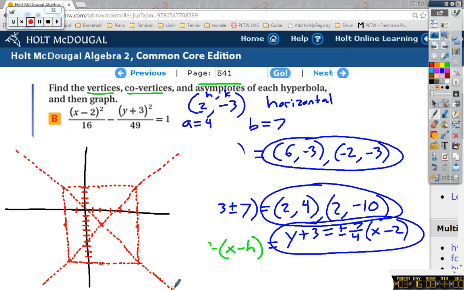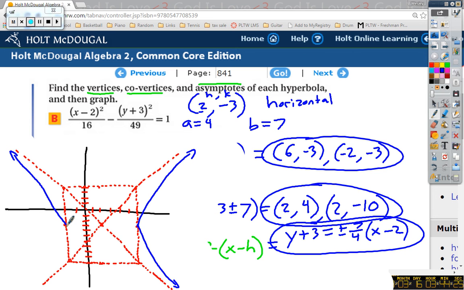Okay. Now, this one is a horizontal hyperbola, so starting at the left and the right point, right here, go off to the side. And that is a curve.